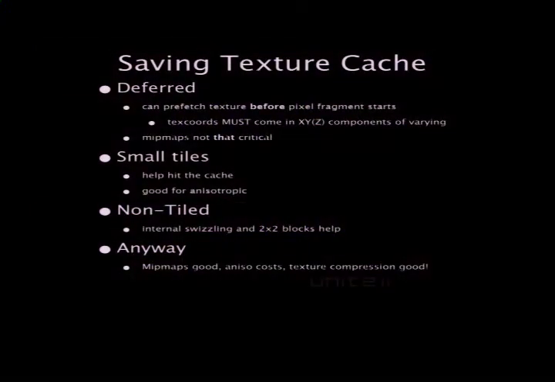It's impossible. It turns out it's possible because SGX will prefetch both texture reads before it even gets into the fragment shader. In order to do it, it kind of knows that the texture coordinates must always be in the XY component of your interpolator.